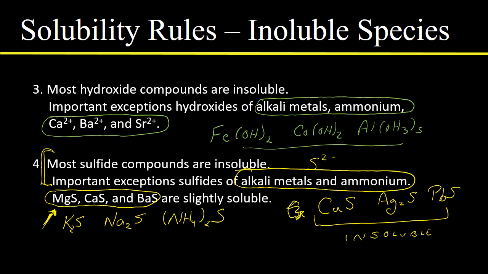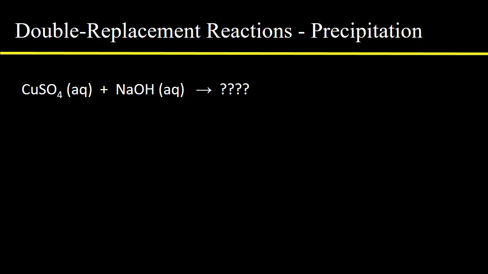All right, so let's look at precipitation reactions. Okay, so let's say we've got a reaction of copper sulfate and sodium hydroxide. When these two react, anytime you've got 2 ionic compounds reacting with one another, you're going to have the same kind of reaction, and this is called double displacement.